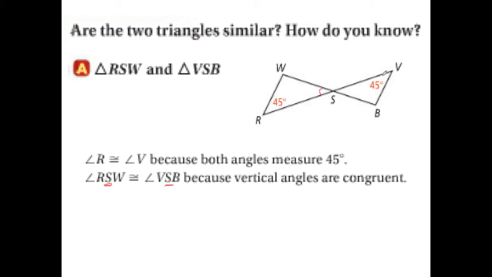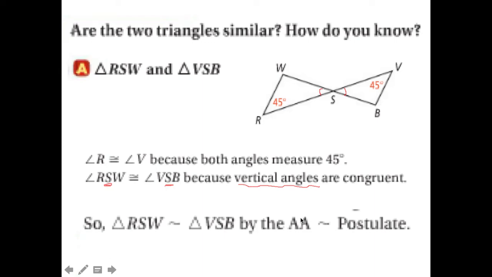They are congruent because they are vertical angles. We learned this vocabulary term at the beginning of the year. Vertical angles are congruent. So based on this information, we can say triangle RSW is similar to triangle VSB based on the AA similarity postulate.